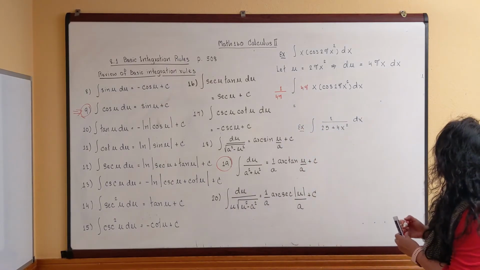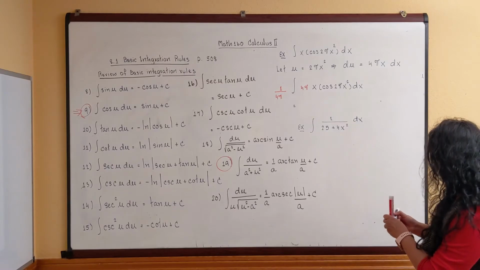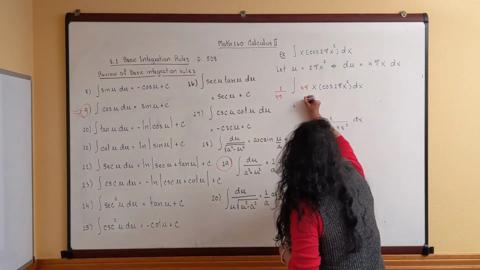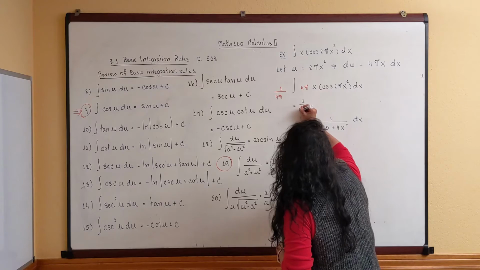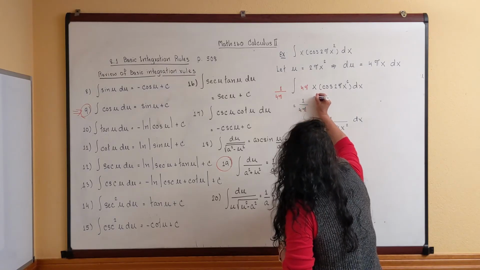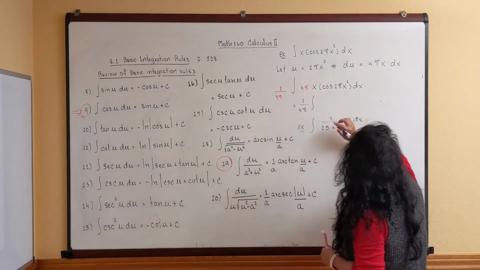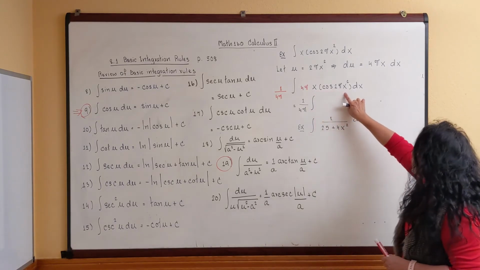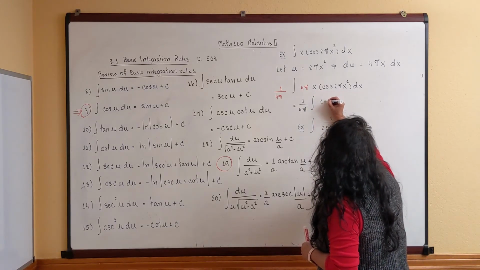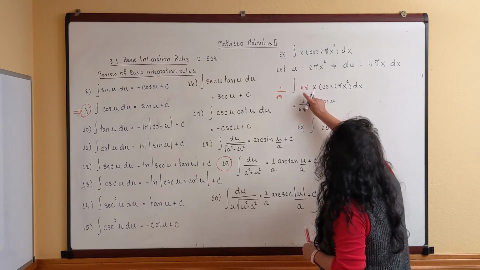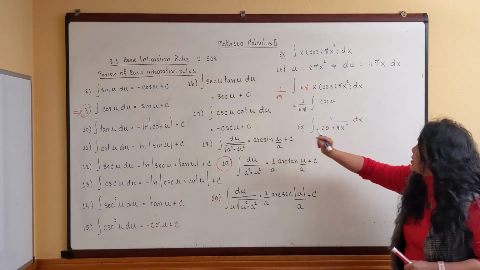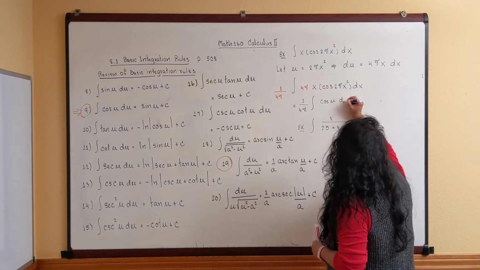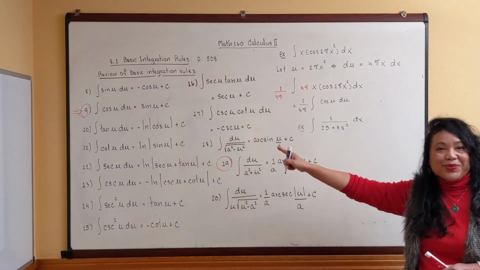Then I would have an integral of 1 over 4 pi, an integral of cosine of u, right? Cosine of u, 4 pi x dx is just du. Then it fits perfectly.